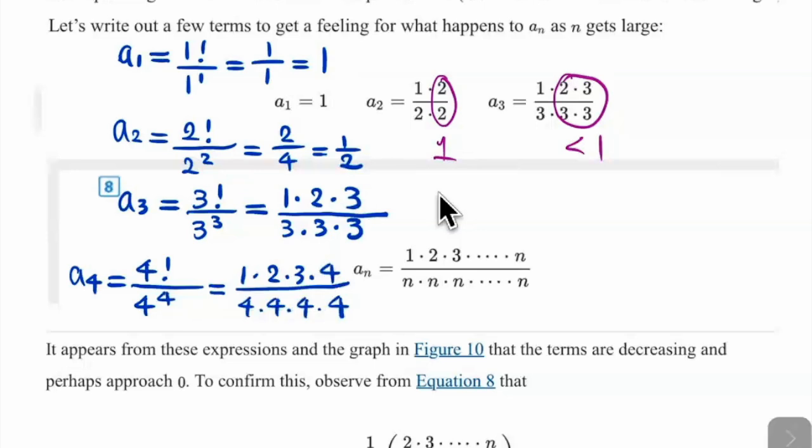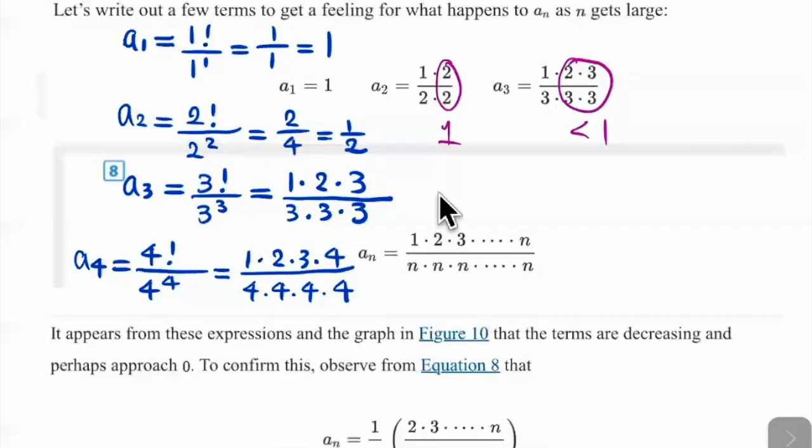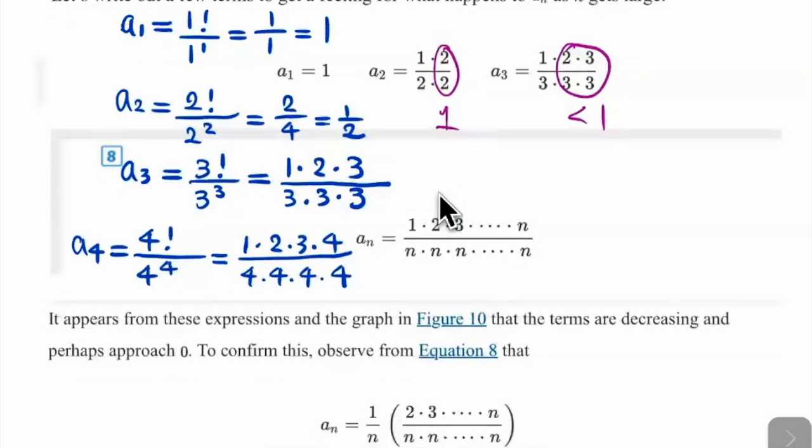Do you think it gets bigger or smaller? Yeah, someone says smaller. How do you know? Yeah, because you see, the biggest number here is 4, right? And then here the numbers are smaller. This 3 is smaller than 4, 2 is smaller than 4, 1 is smaller than 4, right?